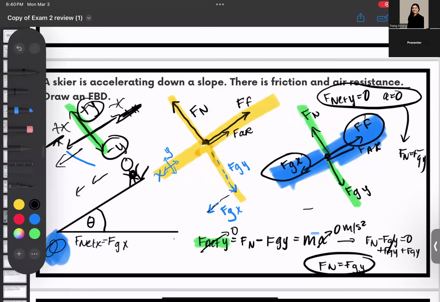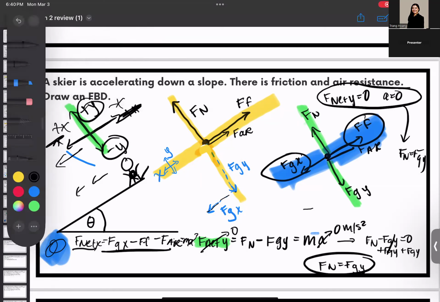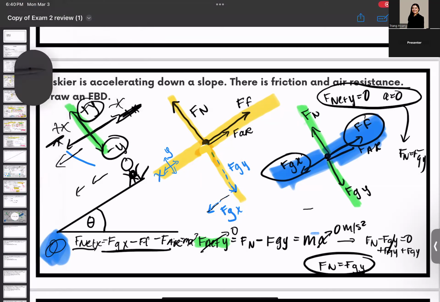Fgx minus Ff minus F air resistance. It can't be equal to 0 because you have to have some kind of acceleration, right? So see how we're setting it up. I hope this gives you the basis for a lot of it. This is very important, so make sure you understand it before you start solving problems.